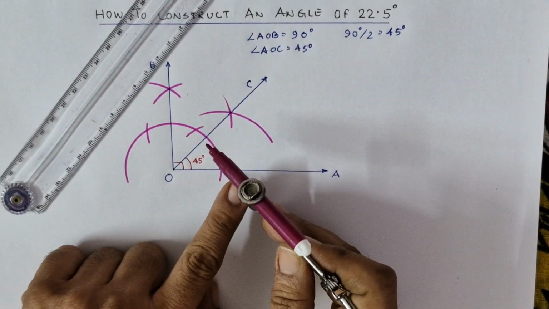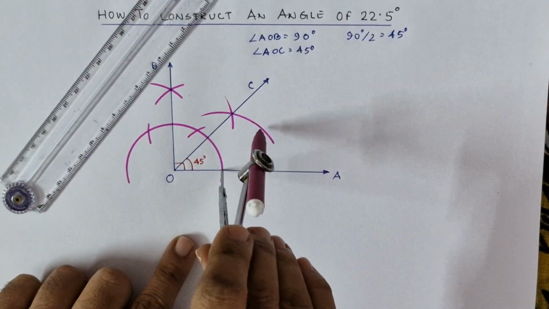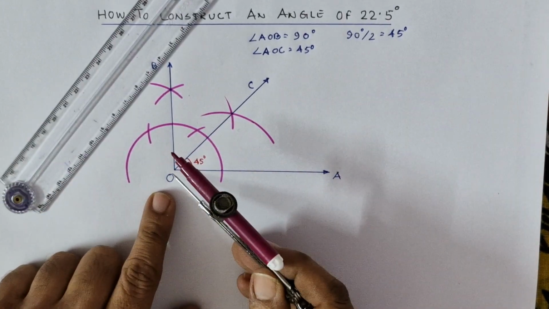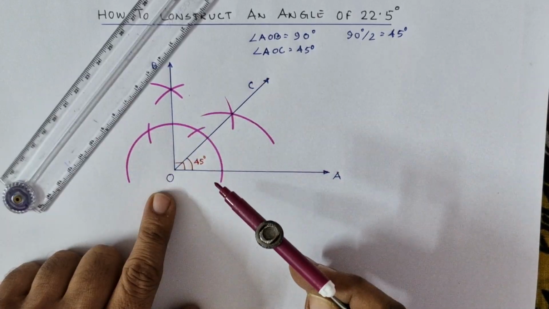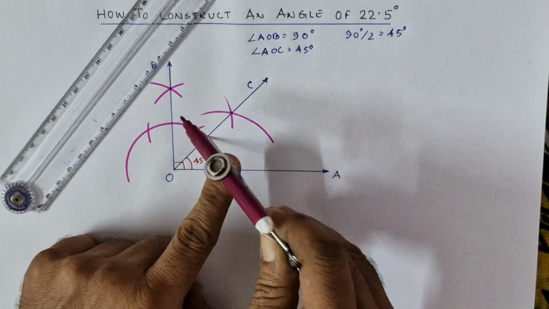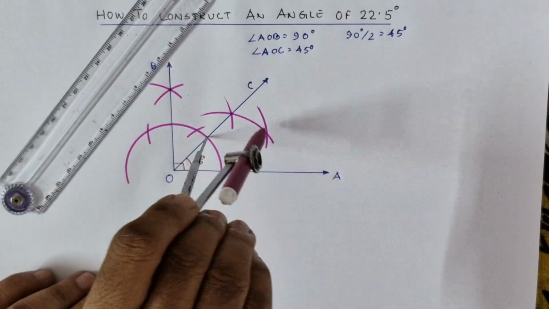Here we have pointed the compass and we have drawn an arc, right? Again, the arm OC of the 45-degree angle is intersecting the first arc, the bigger arc, at a certain point.